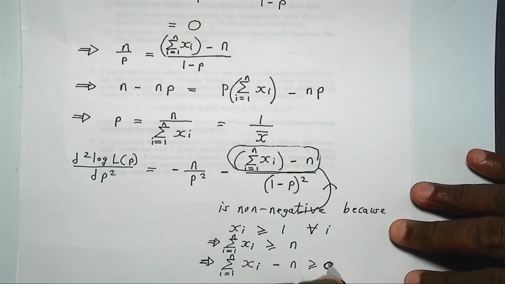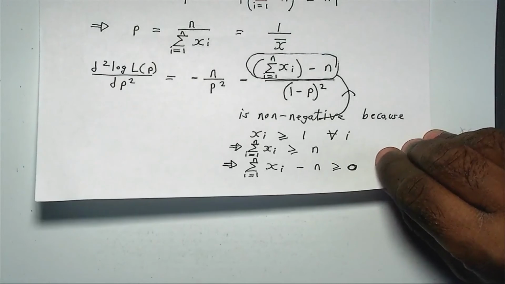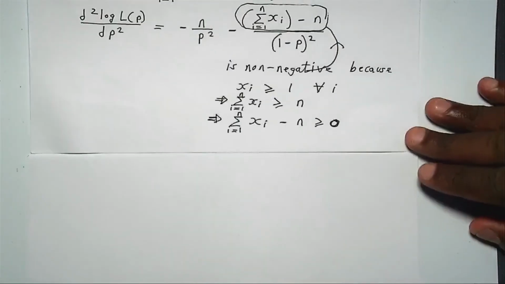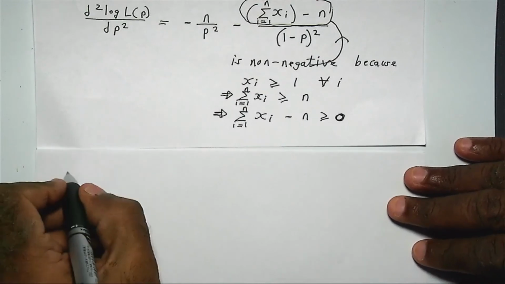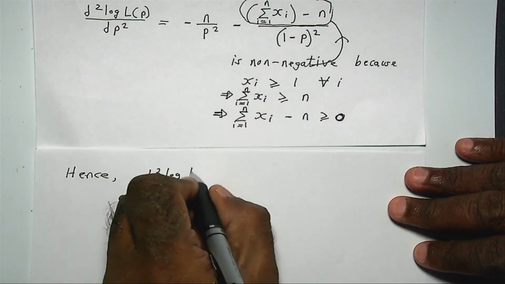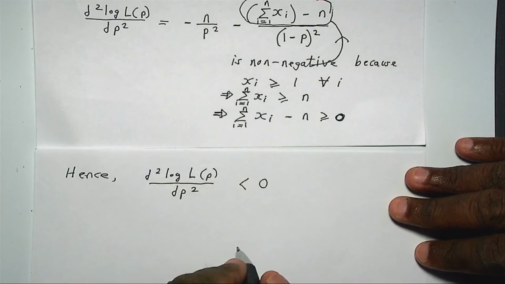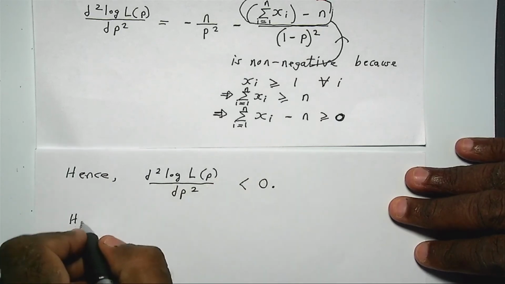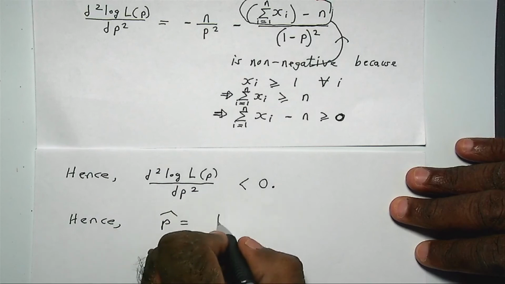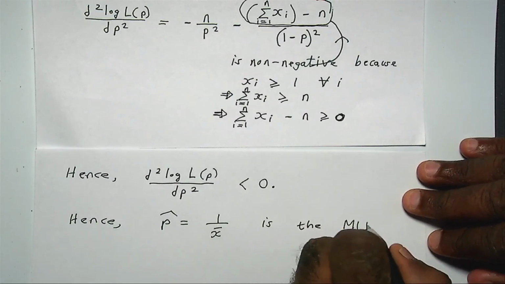So hence what we have shown is that the second order derivative is less than 0, and hence the estimator p equal to 1 divided by x bar is the MLE of p.